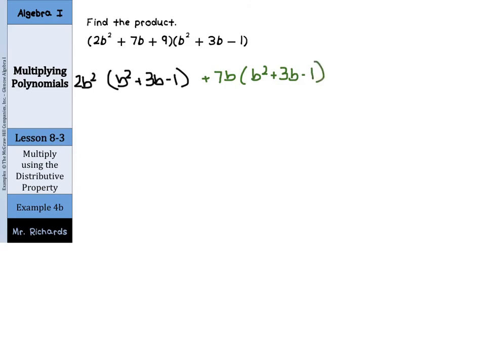And then lastly we have the 9, so plus 9 times the b squared plus 3b minus 1. So once again, distributing each term to the next parentheses.